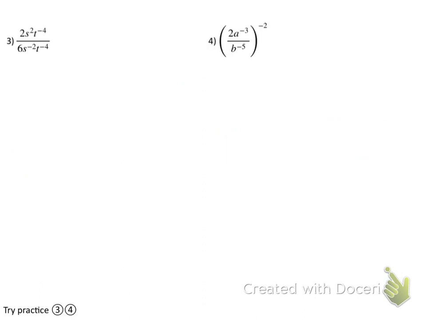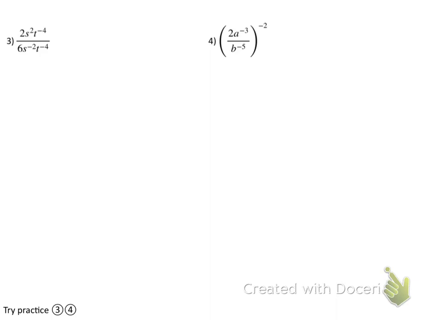More examples. Here I'm involving negative exponents, mixing all the negative exponents in my questions. Question 3: 2s squared t to the negative 4 over 6s to the negative 2 t to the negative 4. So first of all, when you are doing a quotient, especially a quotient involving negative exponents, write it down.